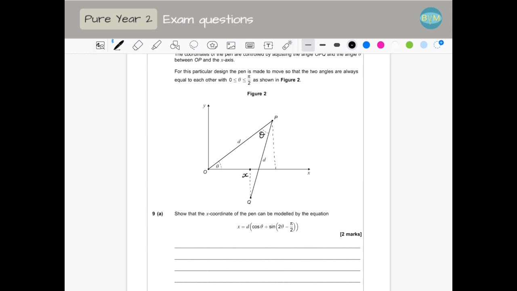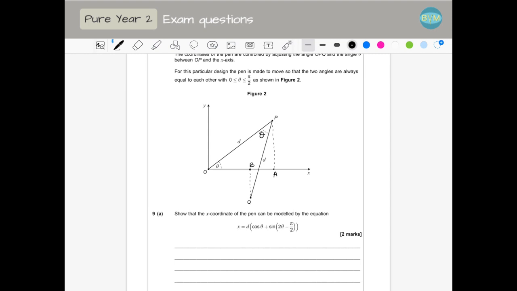If you consider this big triangle, let's say this is A, and it's the x-coordinate of P. We can consider this big triangle and say that X, because it's how we are calling the coordinate of this point, I'm going to call this point B. So OB, which is X, is going to be OA minus AB.